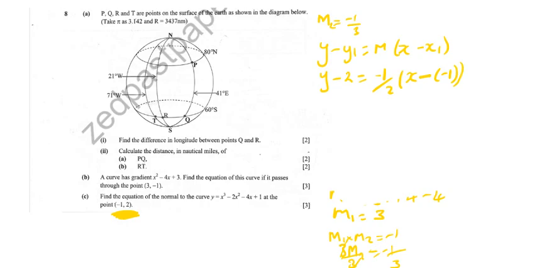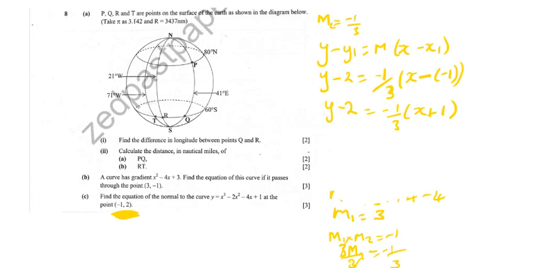You put it in the brackets. So you are going to have y minus 2, over 3, which is equal to negative 1 over 3 open bracket x. Now negative multiplied by negative 1 will be positive 1.